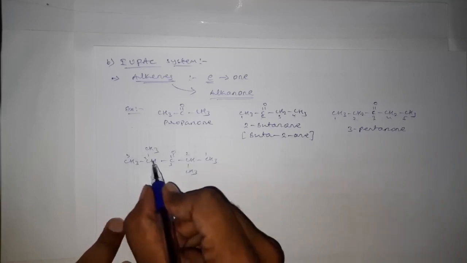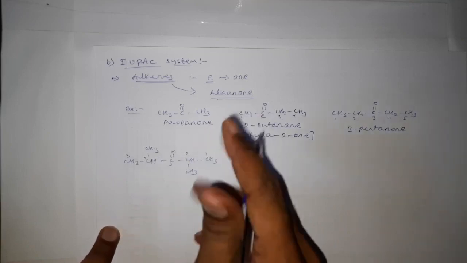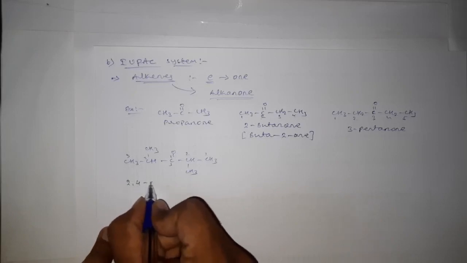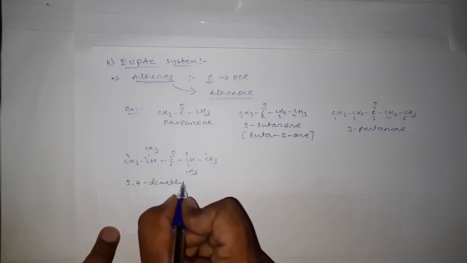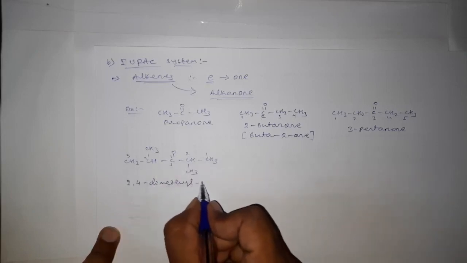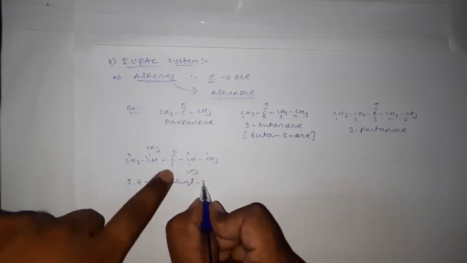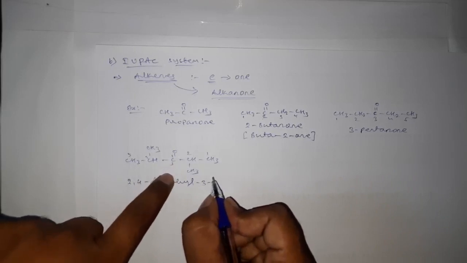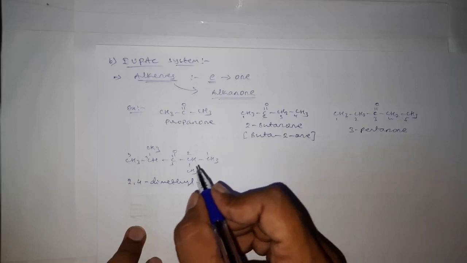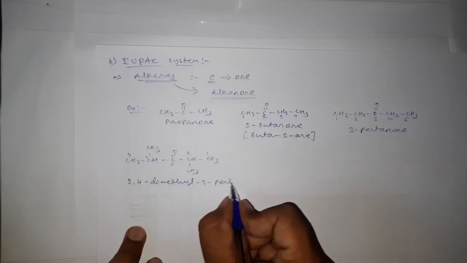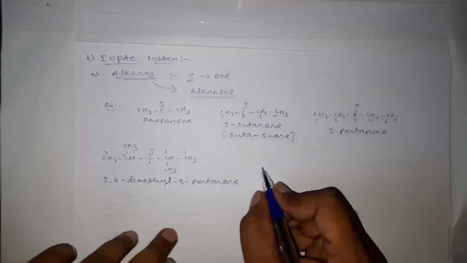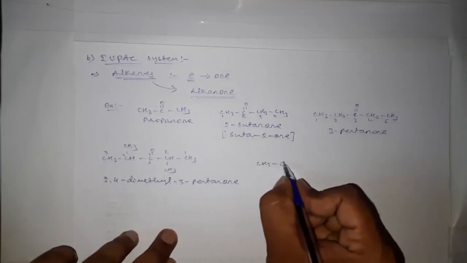On the second and fourth carbon, 2 methyl groups are there as substituents, therefore it becomes 2,4-dimethyl, and the parent alkane is pentane, and on the third position the carbonyl carbon is there, and after replacing the E of pentane and adding ONE, we will get 2,4-dimethyl-3-pentanone.